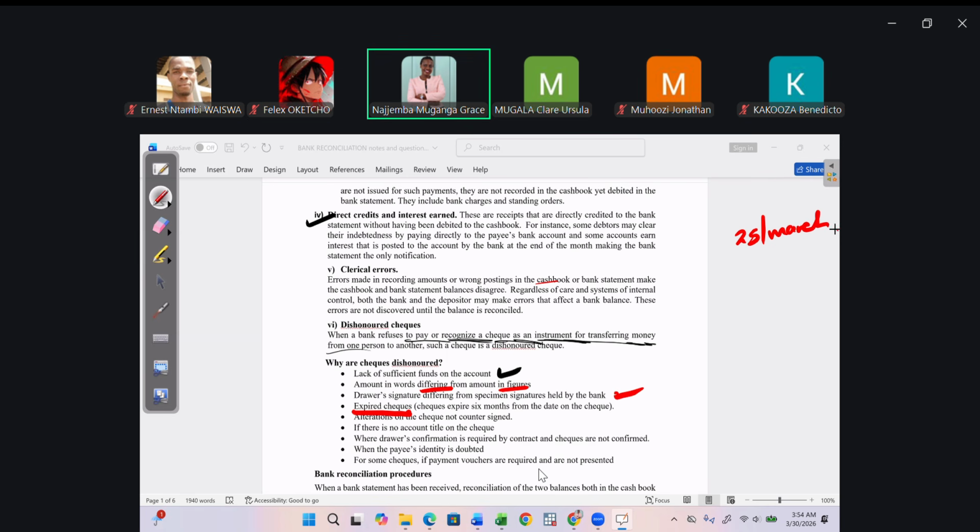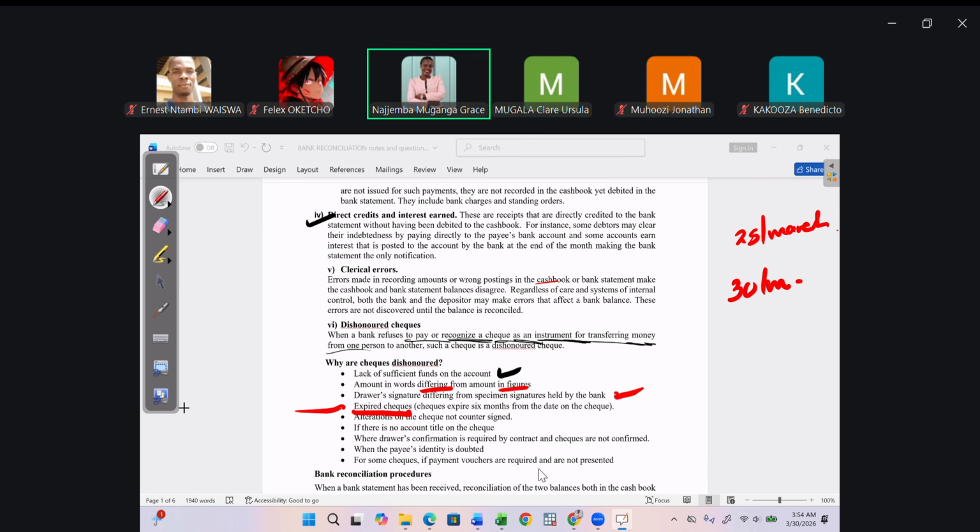What's the date today? 30th. And there is nothing. 30th, and this check has never been presented. So it will be termed an expired check.